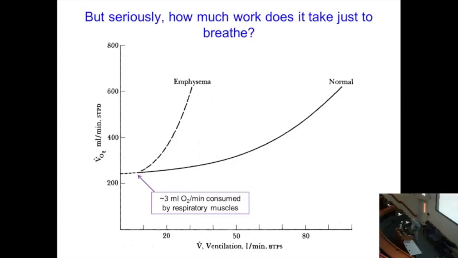That's not very much, but if you increase ventilation, you increase the work done. We're measuring work in terms of the rate of oxygen consumption, and so we're starting at 250, which is pretty much all the rest of your body, and then anything added in this curve is work purely by the respiratory muscles.